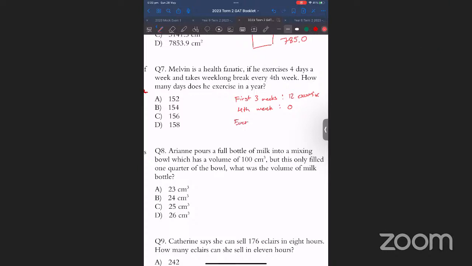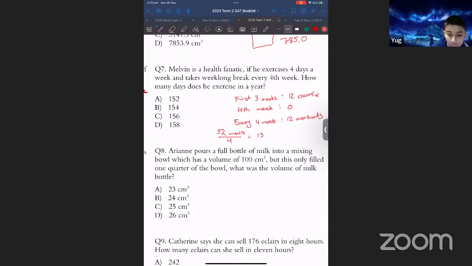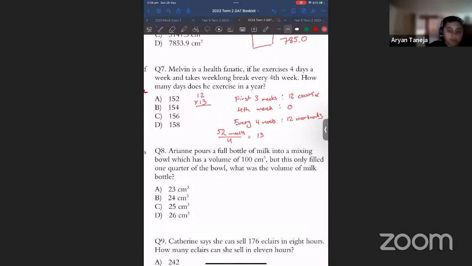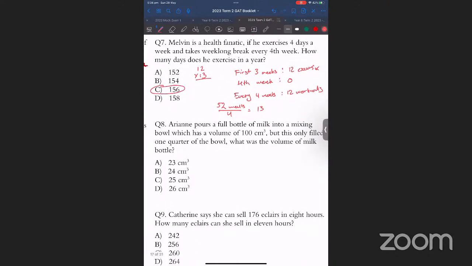So every 4 weeks, Melvin does 12 workouts. Now, there are 52 weeks in a year. So 52 divided by 4 is equal to 13. If he does 12 workouts every 4 weeks, and there are 13 four-week blocks in a year, you just do 12 multiplied by 13, and what do you get? 156. That's it. 156.